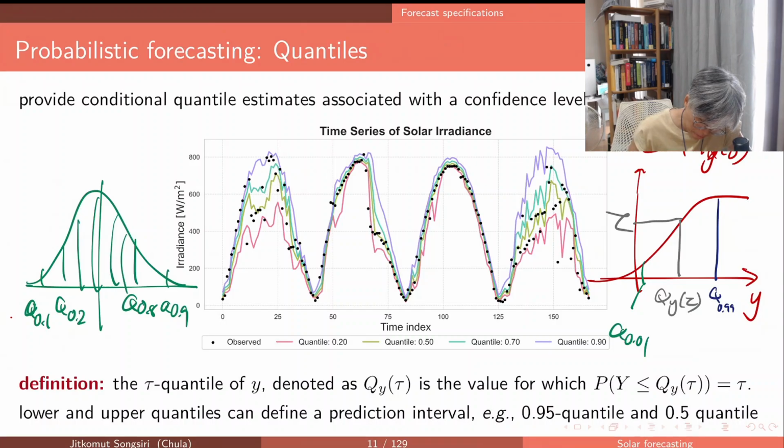So a prediction interval can be derived. It is a byproduct of knowing the quantiles.